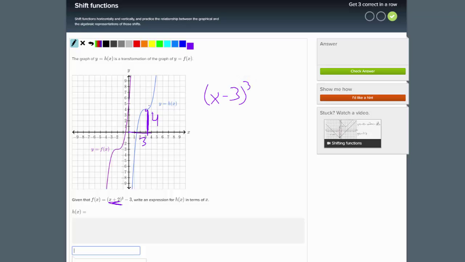This one up 4. This is the same. This sign doesn't change, right? So like here I went down 3, minus 3. I went up 4, plus 4. My equation is x minus 3 cubed plus 4.